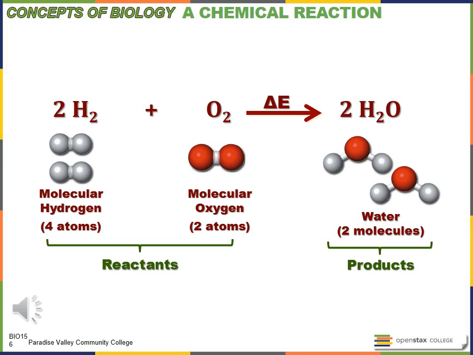When we combine those two and then add a little bit of energy to them, we end up with two water molecules, or 2H2O. And the picture can show you this a little bit better in a visual.